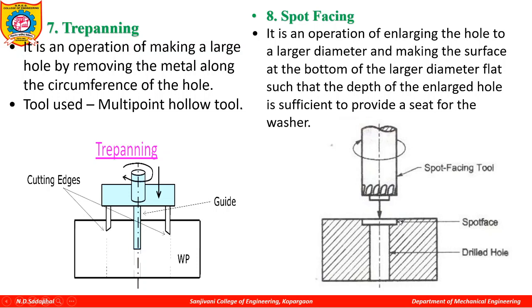The same operation we can perform in counter boring, but in counter boring you are increasing the diameter for a somewhat larger length. Here the diameter is increased for a very small length, and it is generally used for placement of a washer. All of you know a washer has a very small thickness. So here also the diameter is increased, but for a very small length.